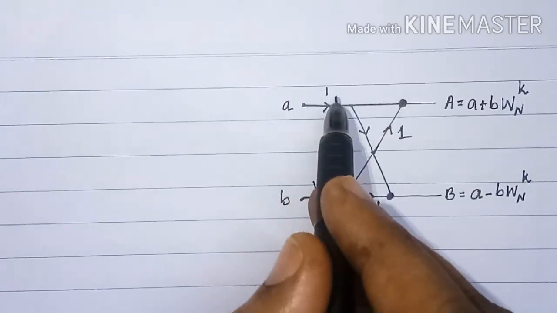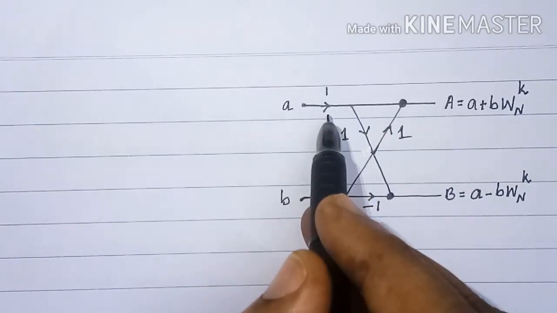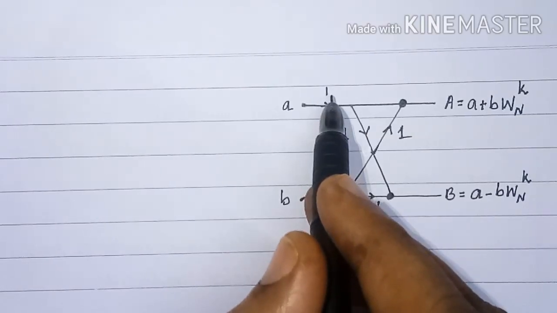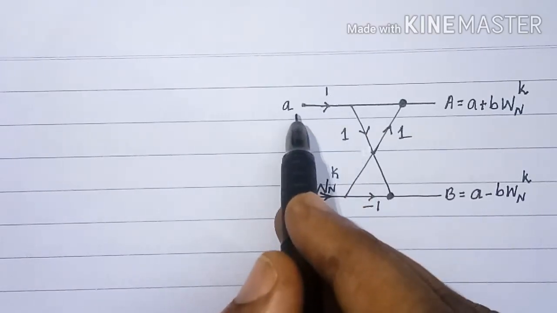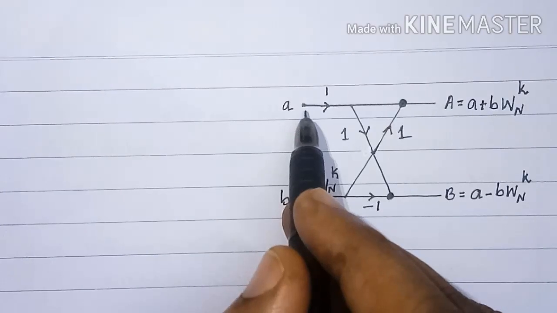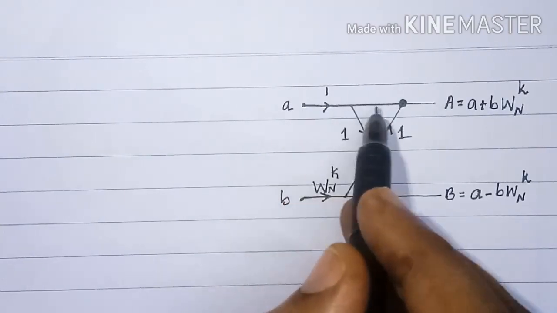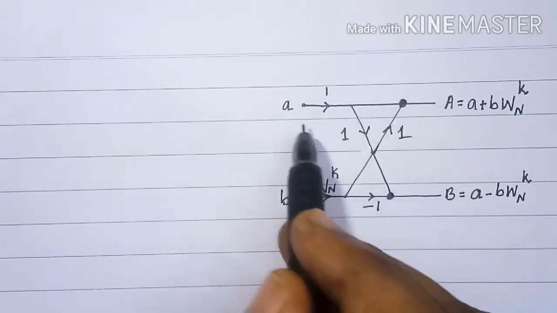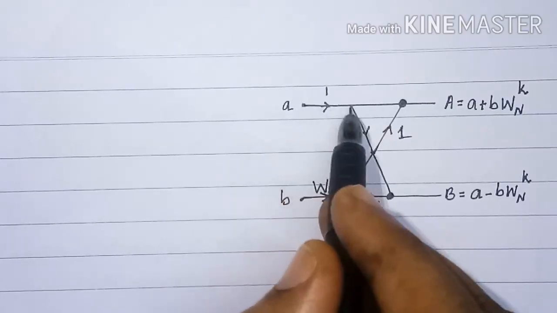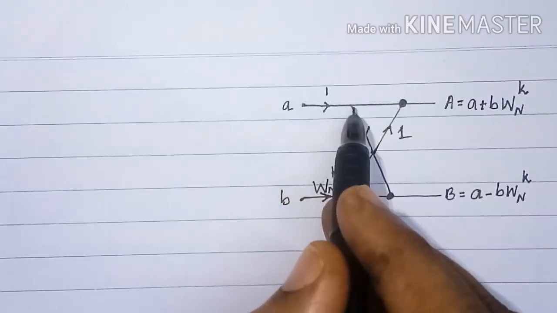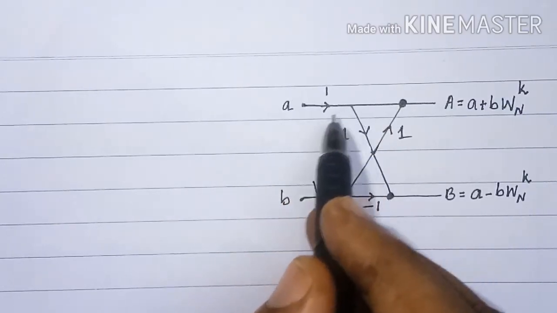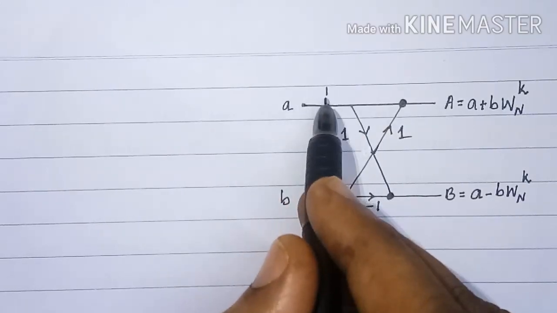These numbers shown beside the arrow marks must be multiplied with the number that passes through the line. That is, if through this line A is passing, then that A must be multiplied with 1.